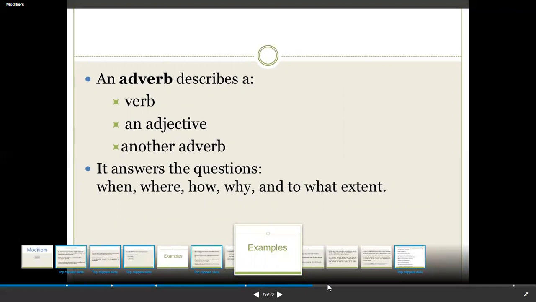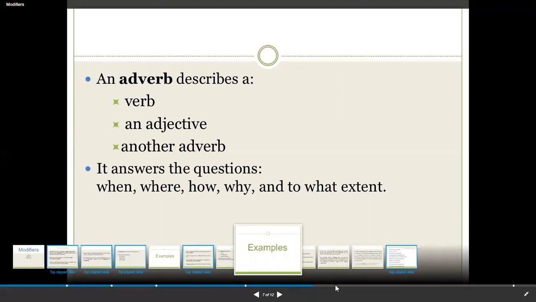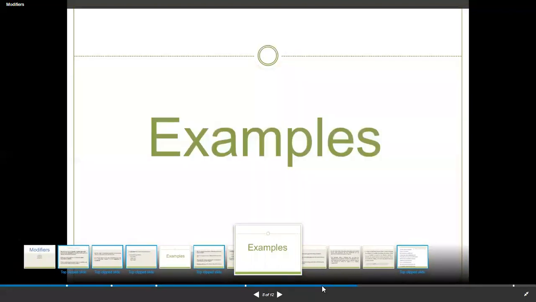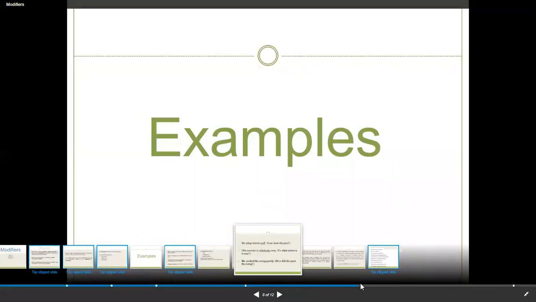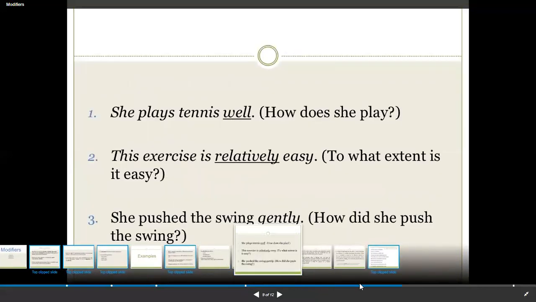Continuing further, she plays tennis well. How does she play? Again, the answer to that question is well. This exercise is relatively easy. To what extent is it easy? How easy is it? Well, the word relatively answers all our questions.